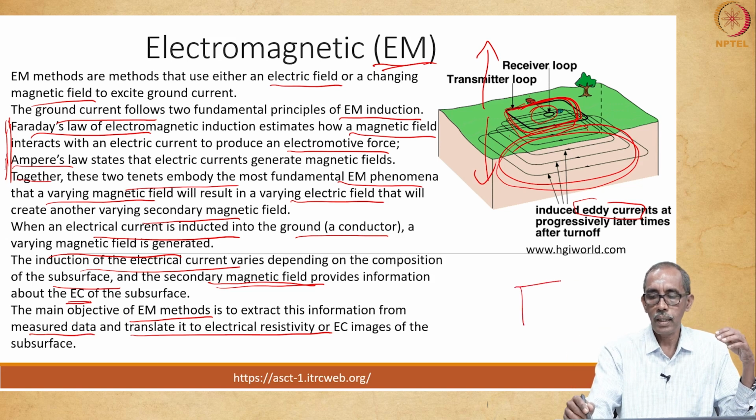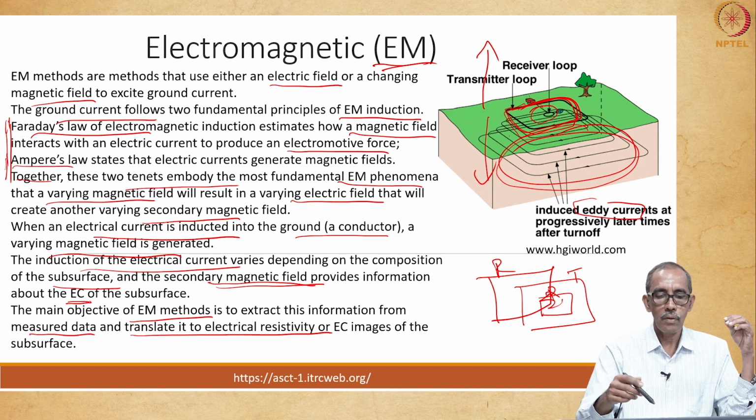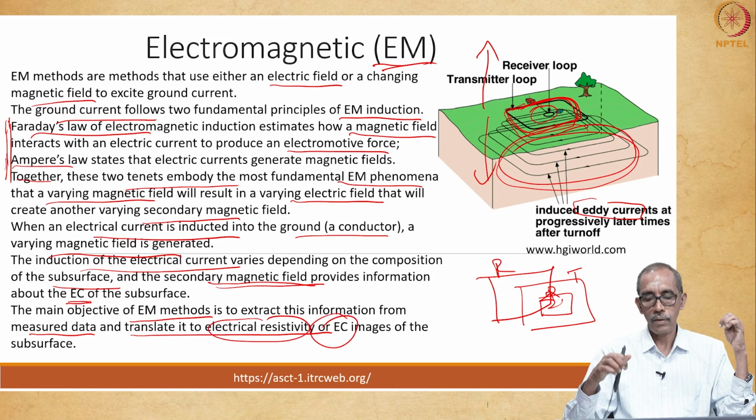That means this can be a transmitter loop, and the receiver loop can be put inside, or there are also other ways. You can also overlap, like this is receiver, this is transmitter, right. And the receiver loop gets the signal using which we can measure the conductivity or the conductance of the subsurface. That is what we measure in electromagnetic methods.